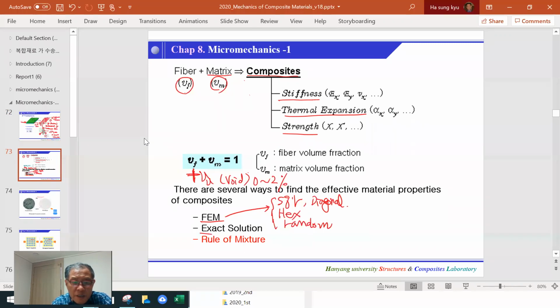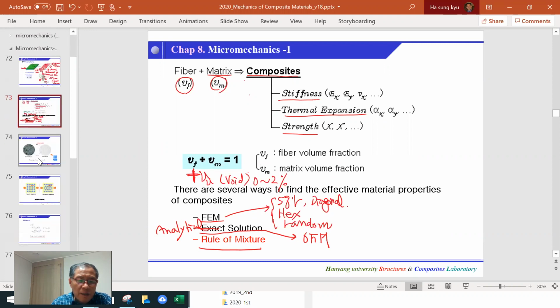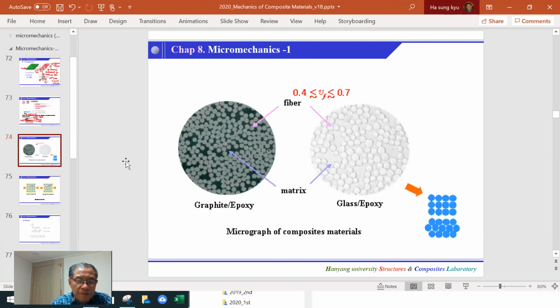And an analytical solution, not an exact solution, such as OFM. And then the rule of mixture, which can be much simpler, and we can get engineering-level solutions.